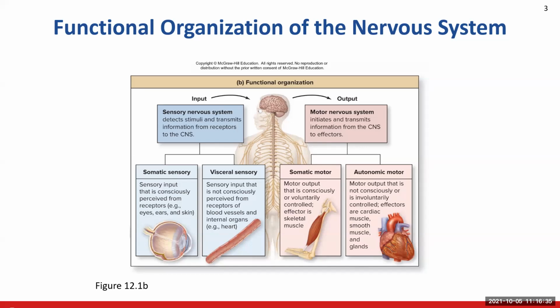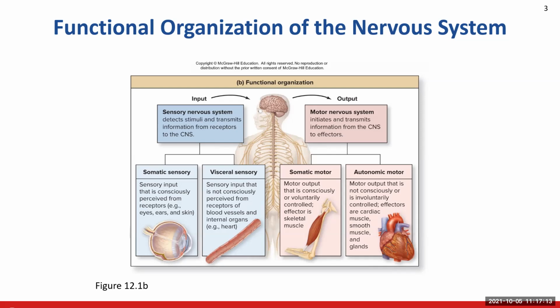So that falls under the visceral sensory nervous system there. That sensory information is going to be below our conscious perception. We're not really going to notice unless it gets really bad, if the oxygen saturation in our blood goes from 96% to 95. Now, if it drops significantly, then there's other ways to figure that out. But that's our visceral sensory.